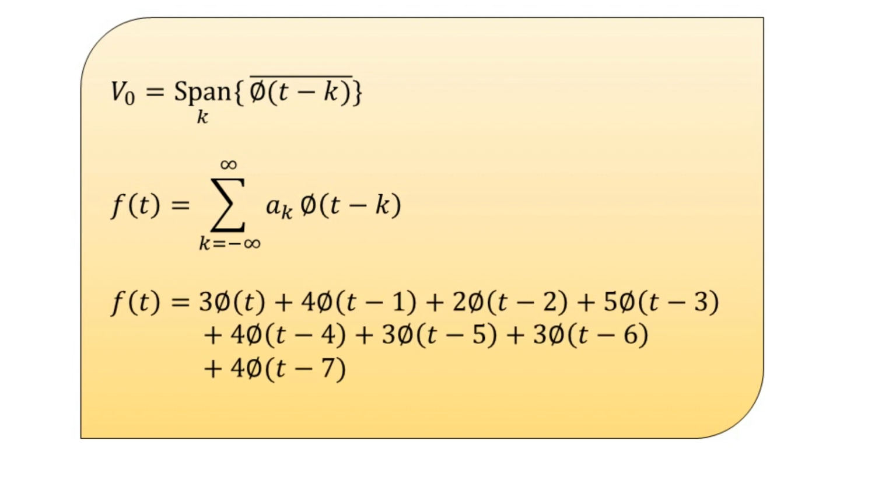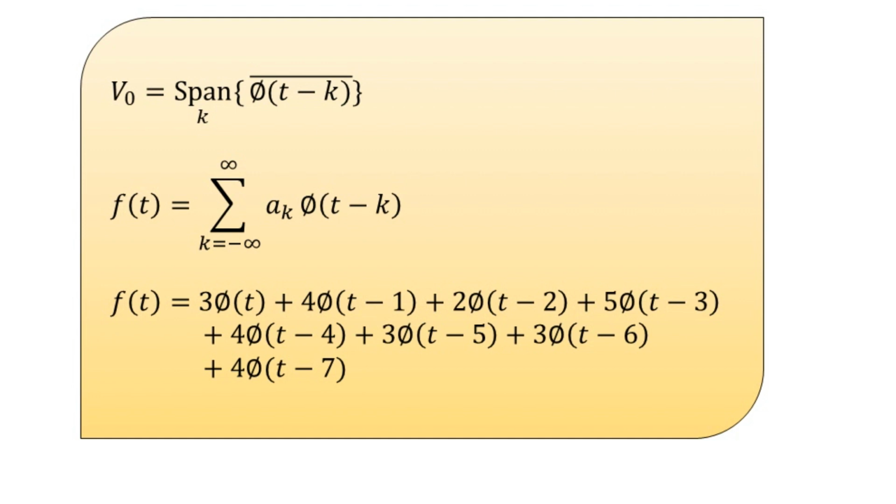See, phi of t has amplitude 1 for the time interval 0 to 1, but at the start here the amplitude level is 3, so we scale it: 3 times phi of t, which is further added to 4 times phi of t minus 1, further added to 2 times phi of t minus 2, further added to 5 times phi of t minus 3, added to 4 times phi of t minus 4.